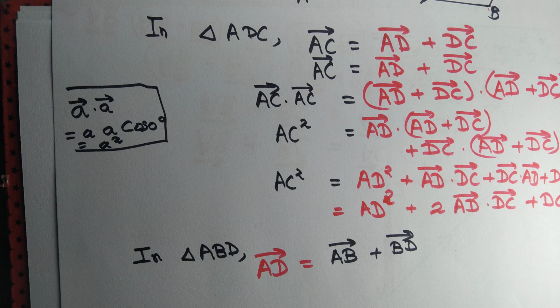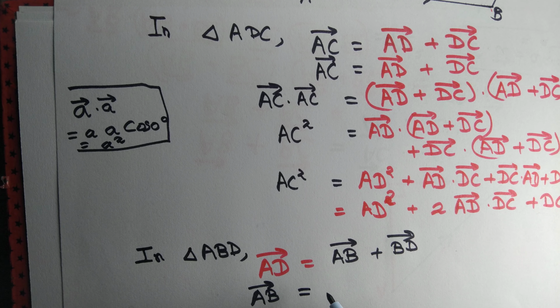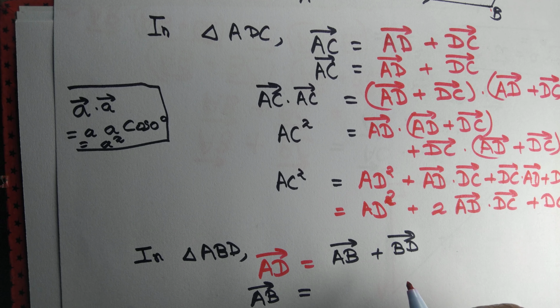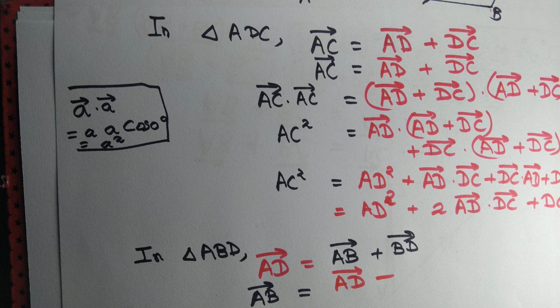And so AB can be written as, we can rearrange it and write it as AB is AD minus BD.